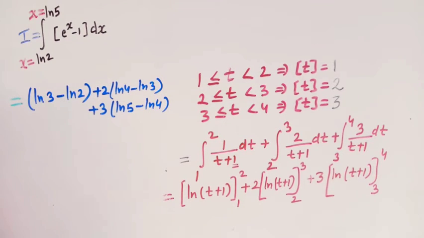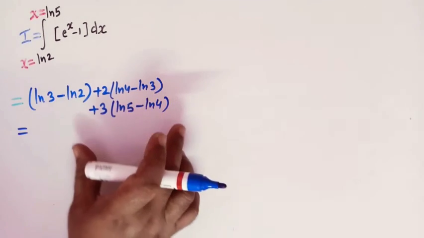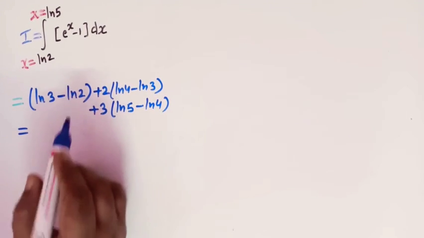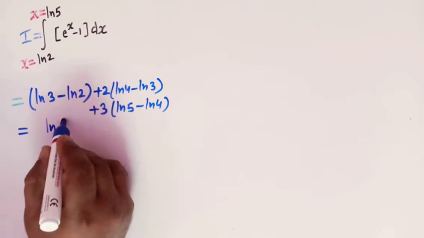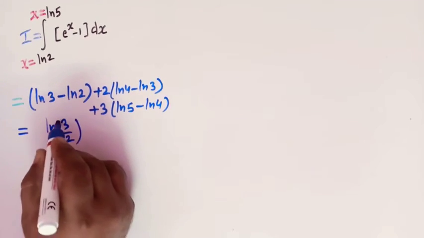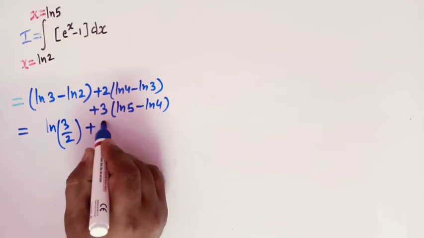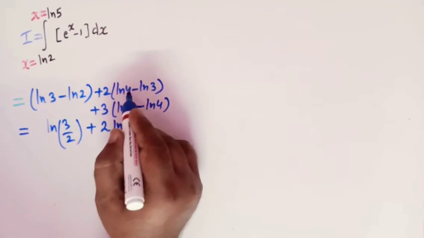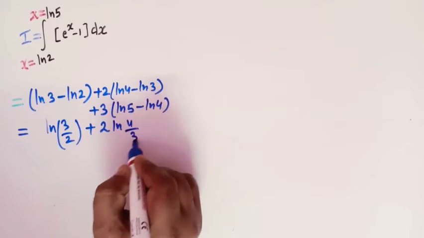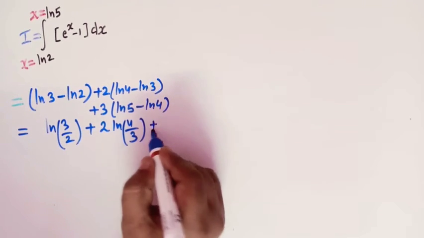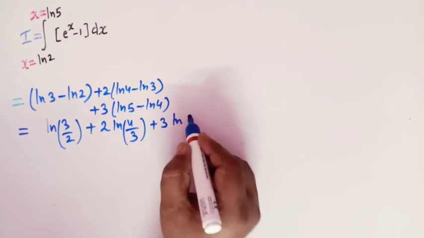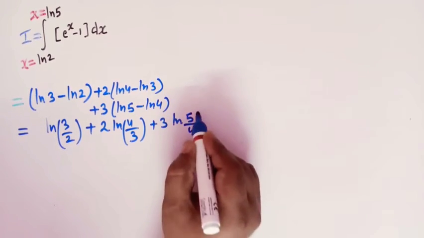So now making use of the properties of log, log 3 minus log 2 can be written as log of 3 over 2, and here we have 2 times log 4 over 3, and here we have 3 times log of 5 over 4, right?